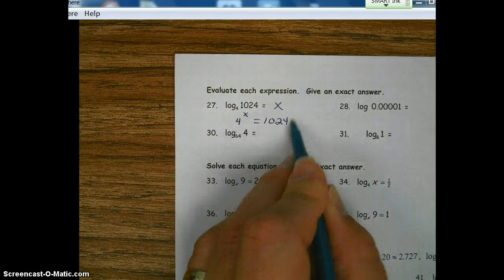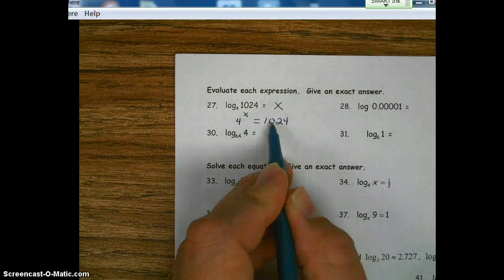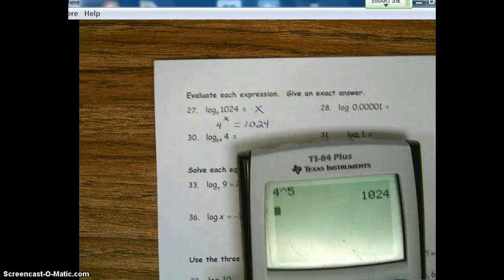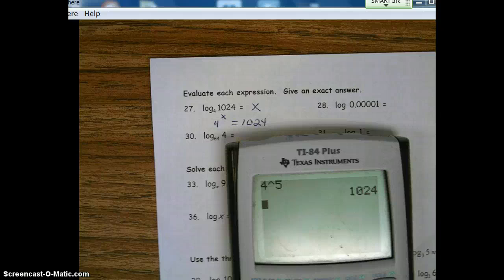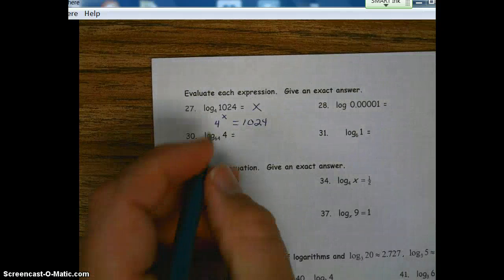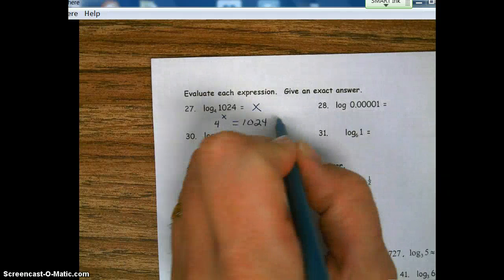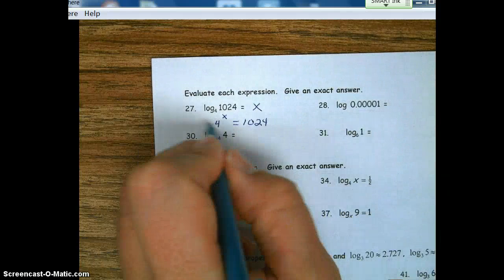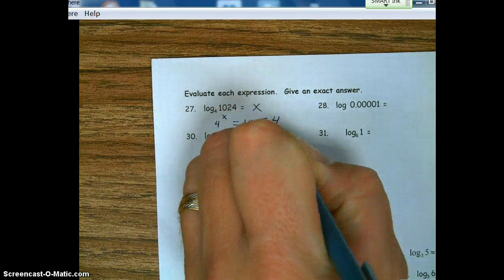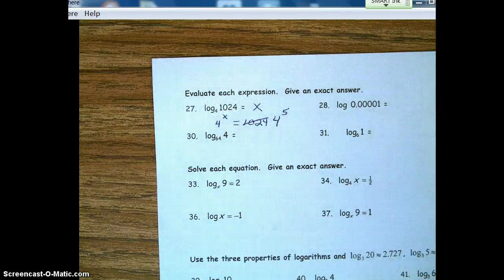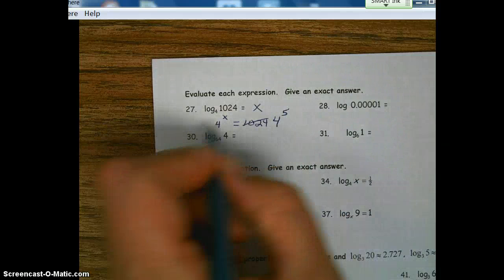So can we think of 4 to some exponent that gives us 1024? I got it right first try. I just guessed 4 to the 5th power. So 4 to the 5th power is 1024. You might want to use another piece of paper because I'm running out of room here. So x equals 5.